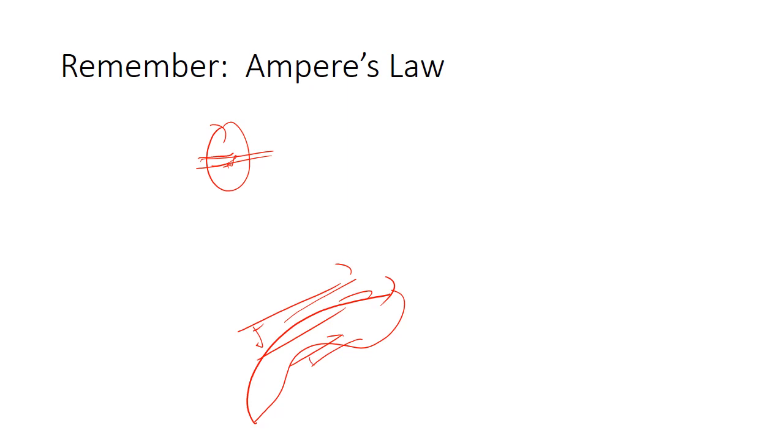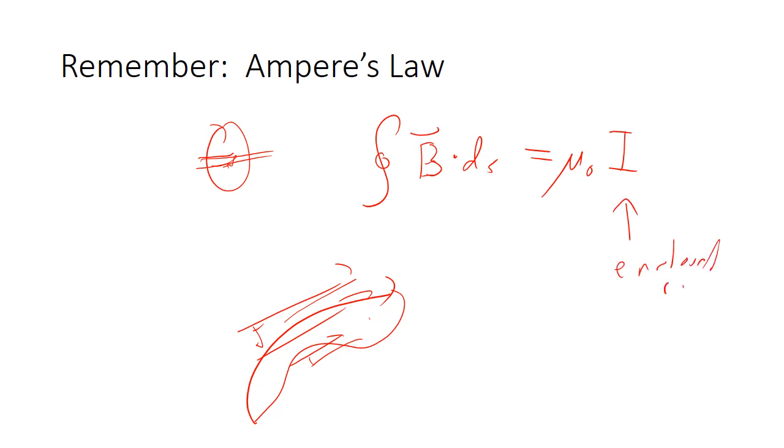So an integral around that closed path, B dot ds, would in principle all cancel out unless you had a source of magnetic field in there, and that would be a current. So this would be equal to mu naught times I, where I is the enclosed current. That's the amount of current that goes through the Amperian loop that you draw.